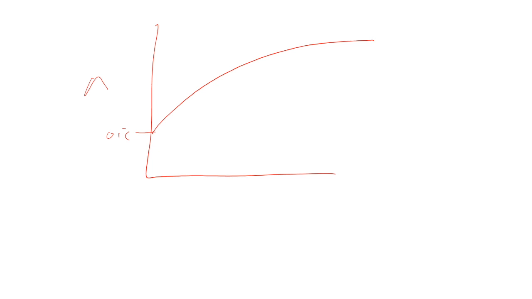This is the stretch, this is time. So at time equals 0, my initial stretch is 0.2. If I were to double the load, my starting point would be 0.4.